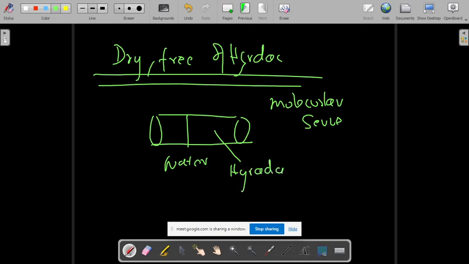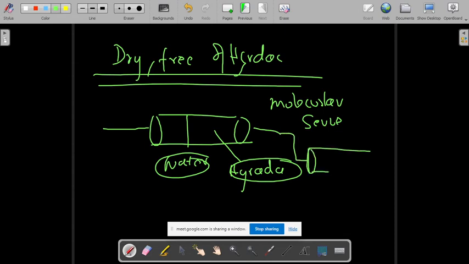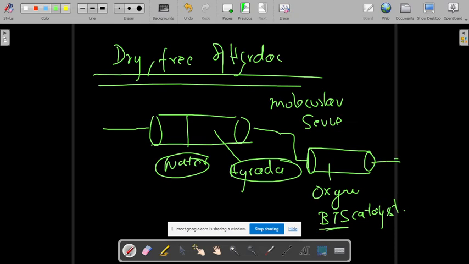Second, you require another filter to remove any oxygen that is present. That is done by a special kind of filter called BTS catalyst, which filters out any oxygen.